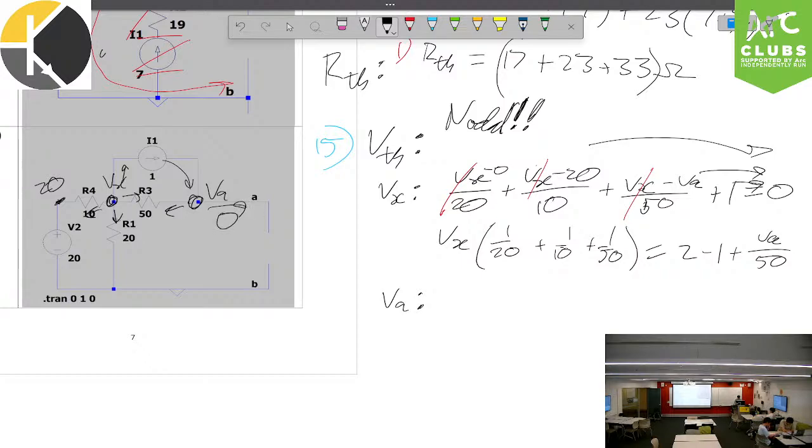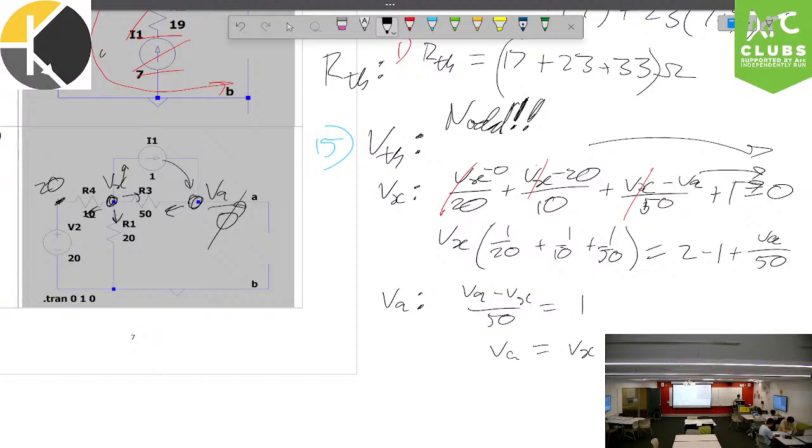Reminder, nothing goes through here, and so there's nothing going into the terminal, because it's classified as an open circuit. We say VA minus VX on 50 is equal to 1. VA is equal to Vx plus 50.